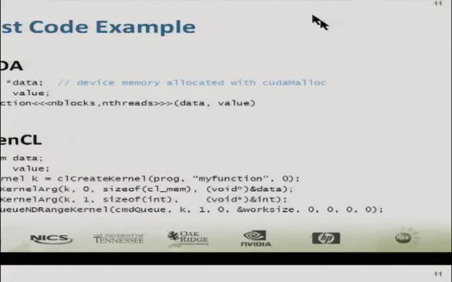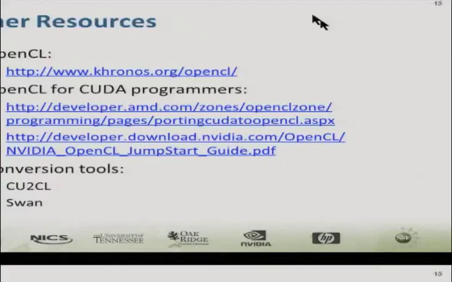In OpenCL, you've got to create the kernel, compile it, set the arguments for it, create the range, and then go execute it. That's a lot of overhead. But the C++ version of OpenCL is hopefully going to fix that. I've stuck these in here, just OpenCL pointers for other things, and a couple of the tools that people have created.